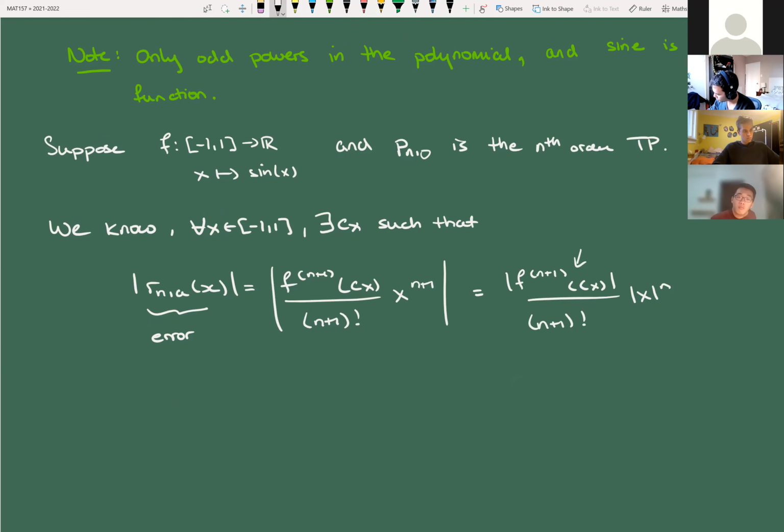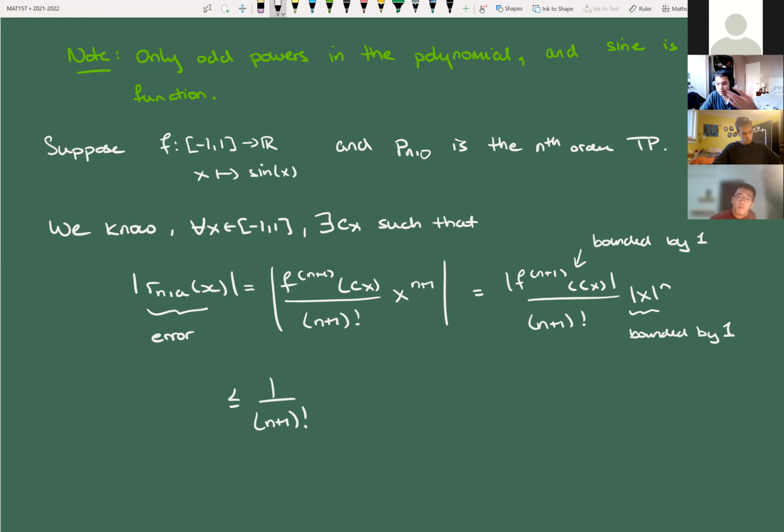So we know that this term here is always bounded by 1. And this term here, the absolute value of x, well, we assumed our domain was negative 1 to 1. So this is also bounded by 1. And so this whole thing is less than or equal to 1 over (n+1) factorial.